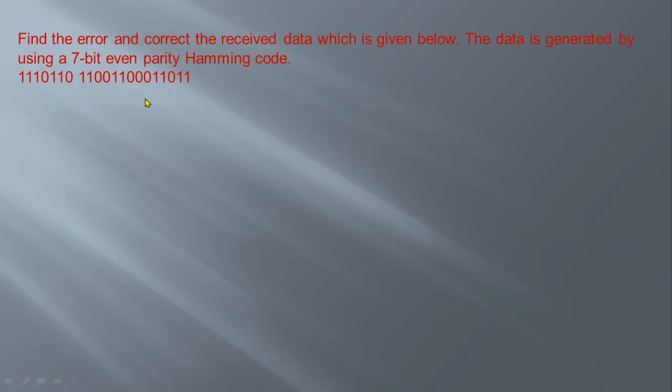This is the receiving data. That data is generated by using a 7-bit even parity Hamming code. Here, this data consists of 21 bits. So, if you make this data into groups, with each group having 7 bits, then we can find the error.